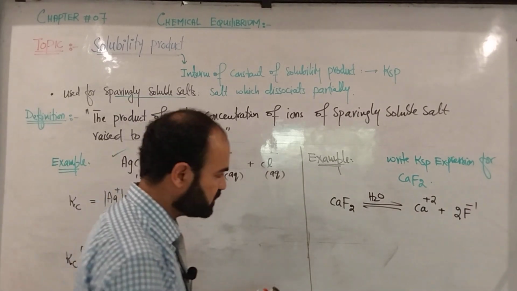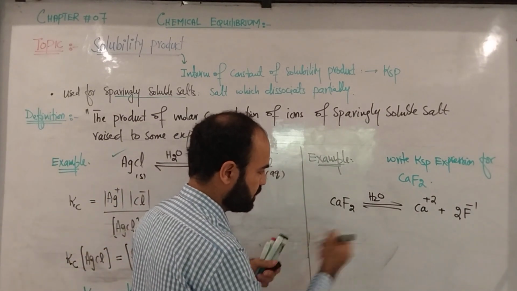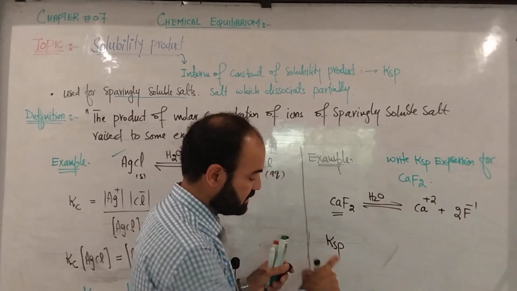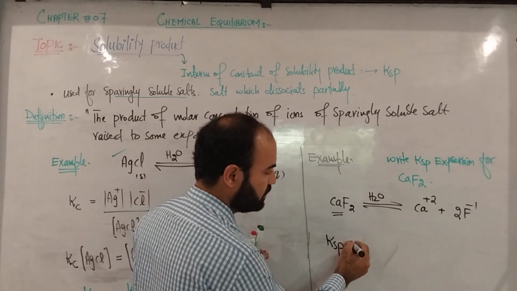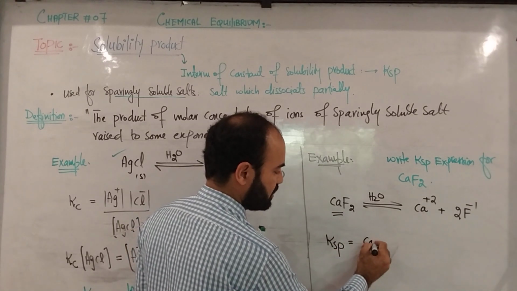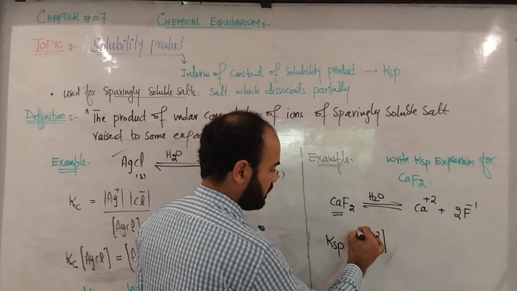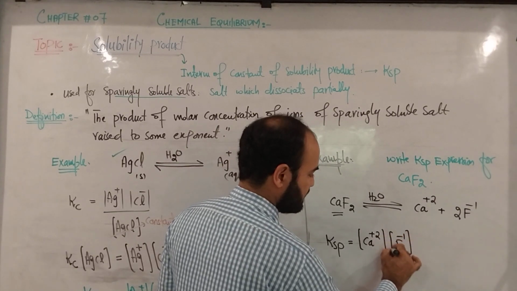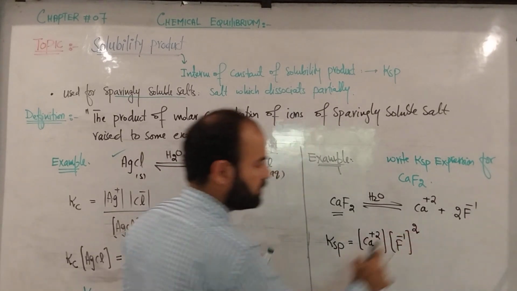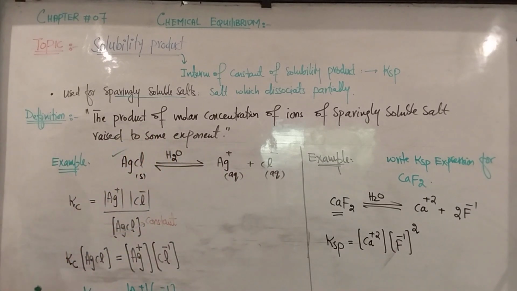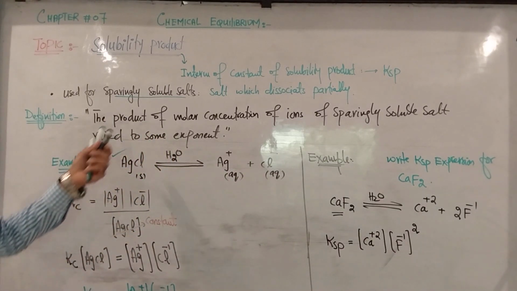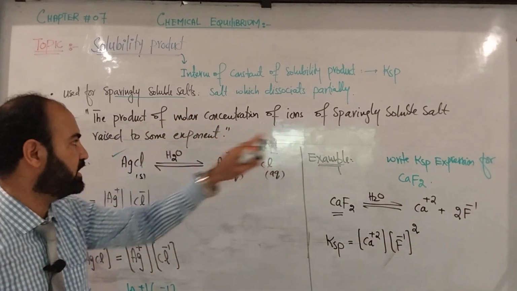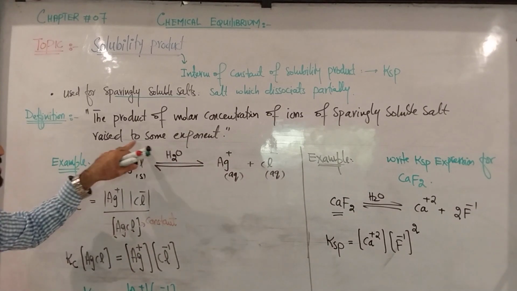So if I write the Ksp expression for the sparingly soluble salt calcium fluoride, Ksp is equal to the concentration of calcium ion times the concentration of fluoride ion raised to power 2, according to its definition: the product of molar concentrations of ions of a sparingly soluble salt raised to some exponent.